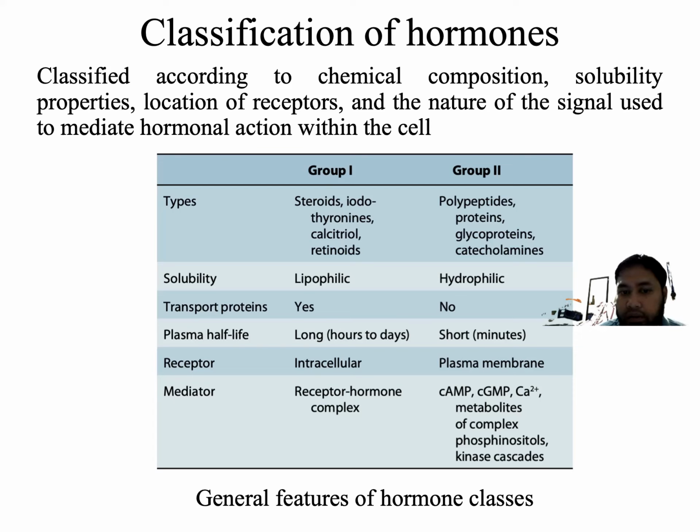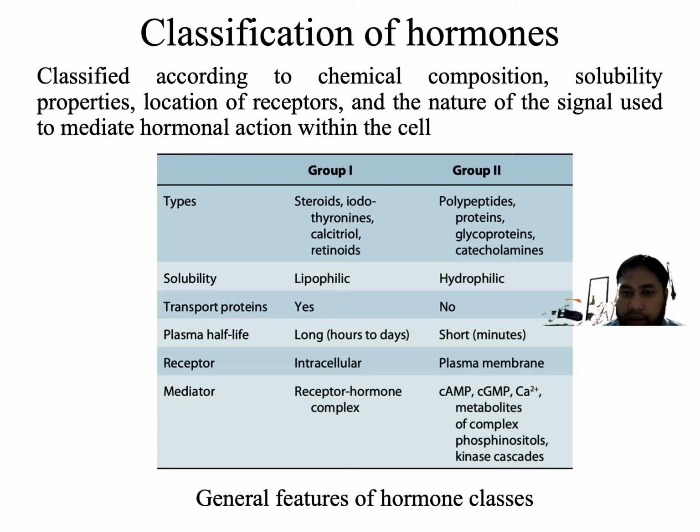In group 1, regarding the receptors, they can be found in the intracellular condition. Intracellular means on the internal side of the cell. Whereas for group 2, the plasma membrane is where the receptors most commonly bind. In terms of the mediators, this is the signal in the form of what?